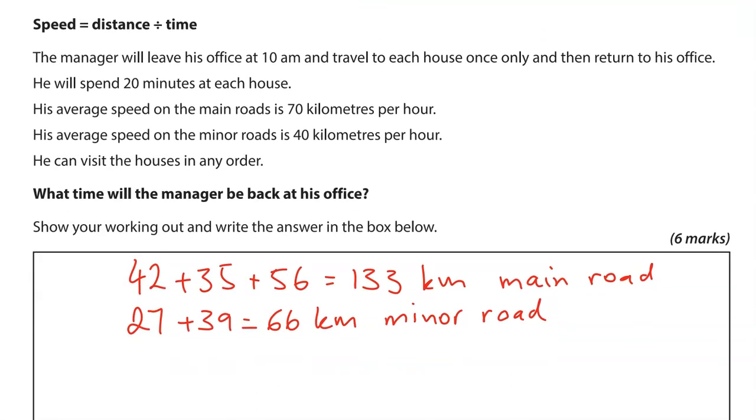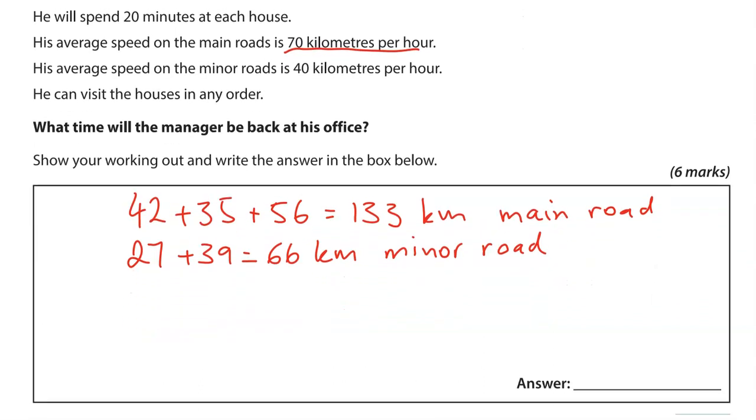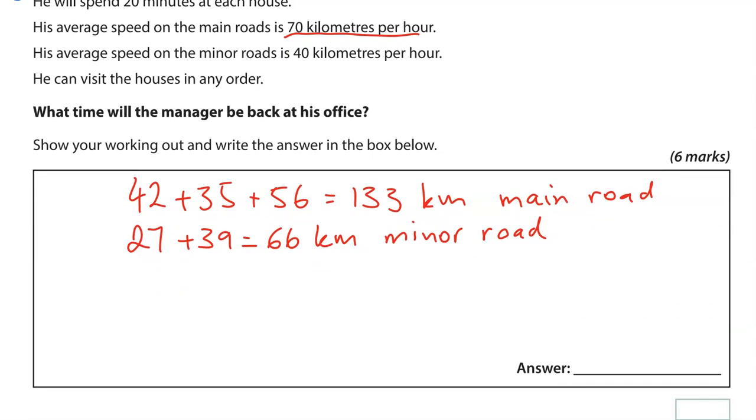We've got different speeds for the different types of roads. So 70 kilometers per hour, so that is for 60 minutes. What about 133 kilometers?